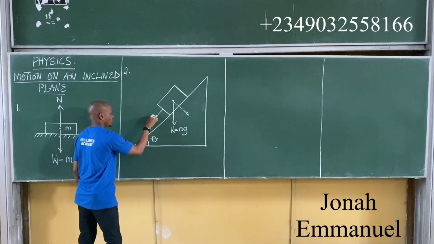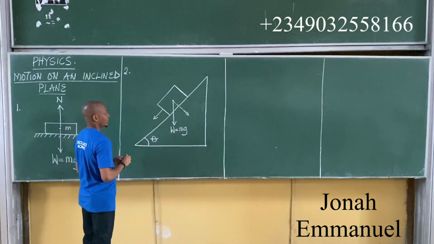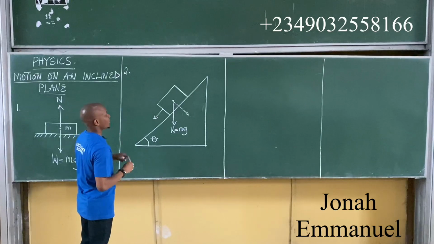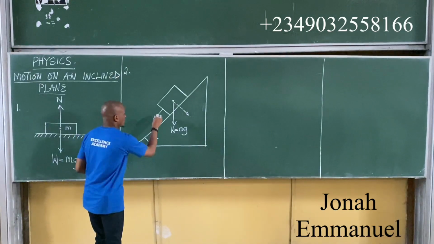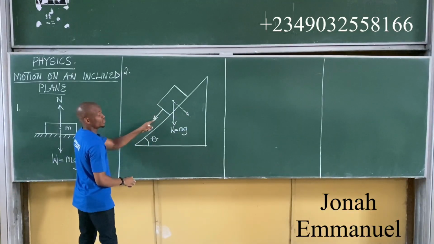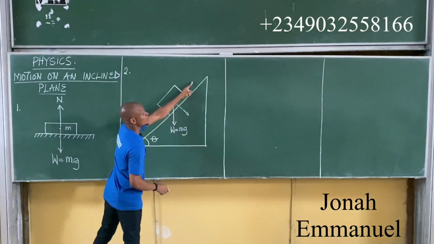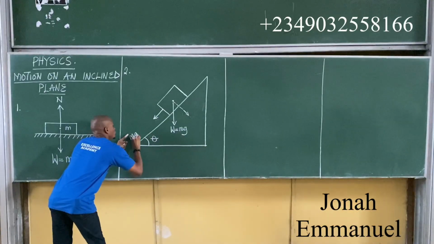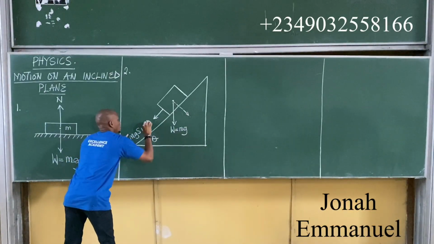Now hang on please. Look up please. Here's what's next. Note that the force that makes this body slide either downward or upward on an inclined plane is given by mg sine theta. Please note this.